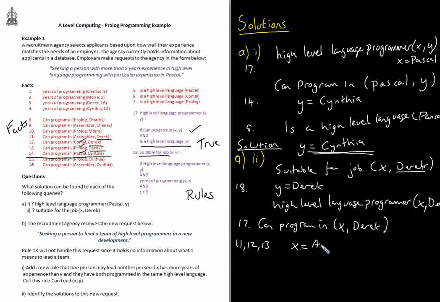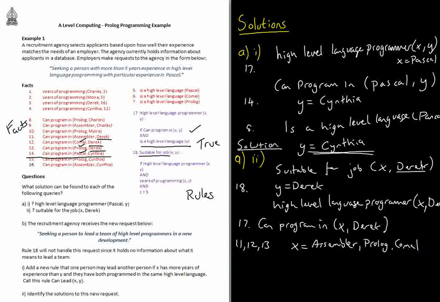So let's put them in. Assembler, Prolog, or COML. So what's the next part of the rule that we've got to look at? We've got the can program in. Which of those is a high-level language?